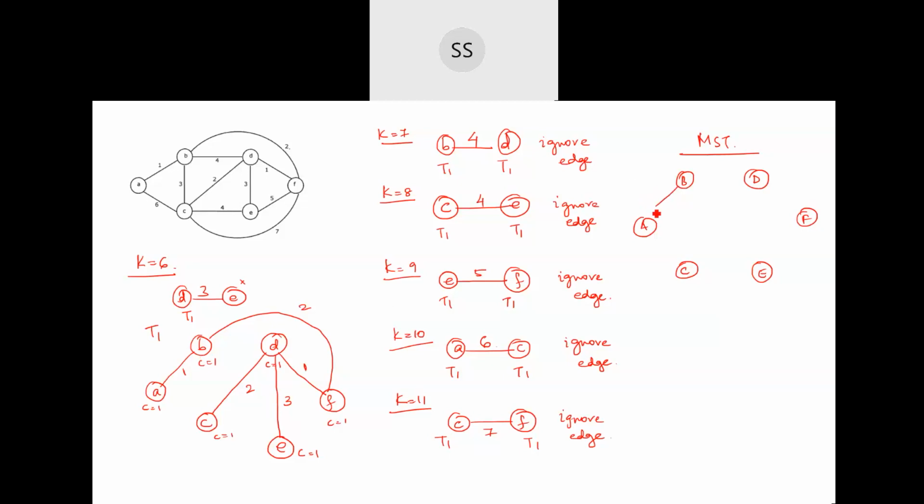I've got a connection between AB with value 1, a connection between BF with value 2, a connection between DC with value 2, a connection between DE with value 3, and a connection between DF with value 1. So you can say this is the minimum spanning tree which you get after performing Kruskal's algorithm. This is how you need to prove it. I mean, this is how you have to derive it.